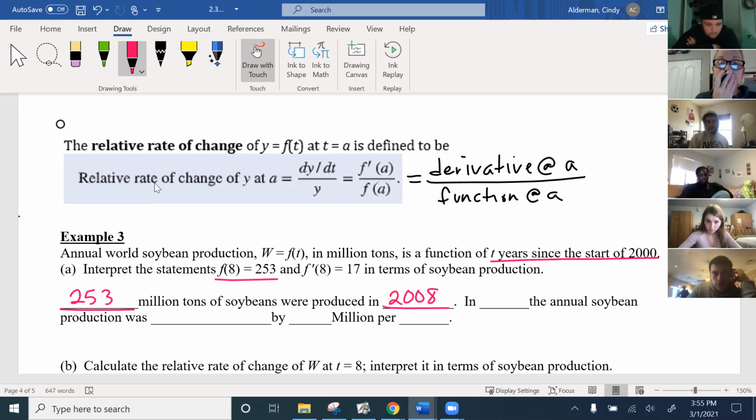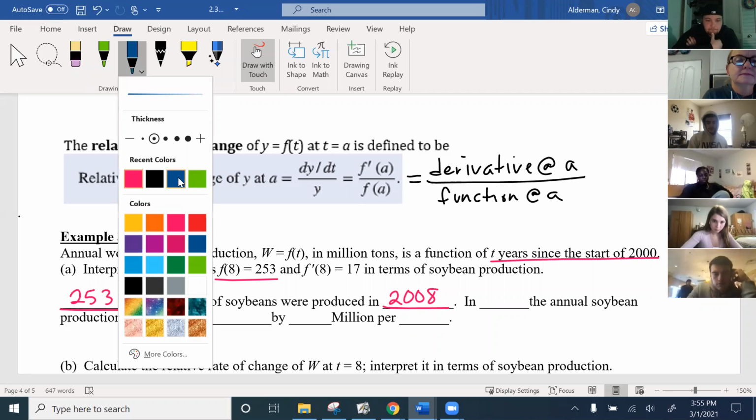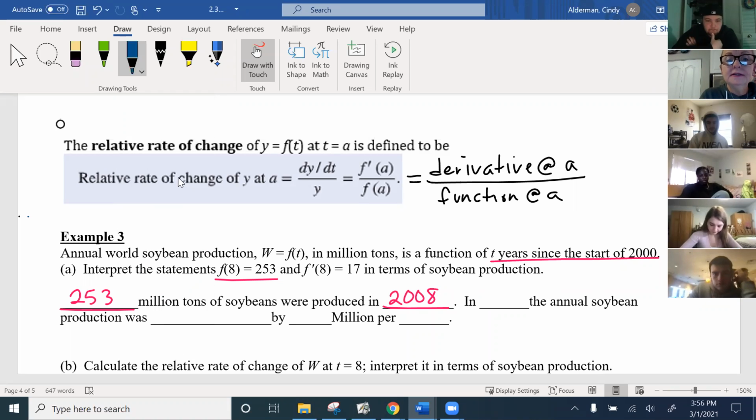Okay, now let's move on to the derivative term here. So here, f'(8) = 17. This says that in what year? Still 2008.